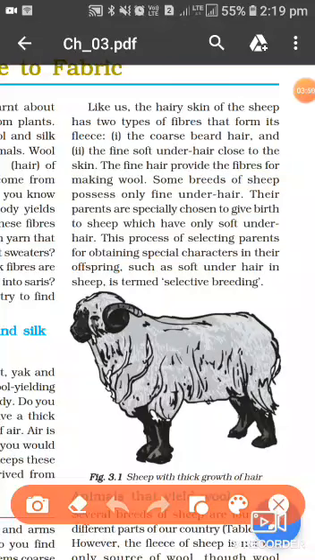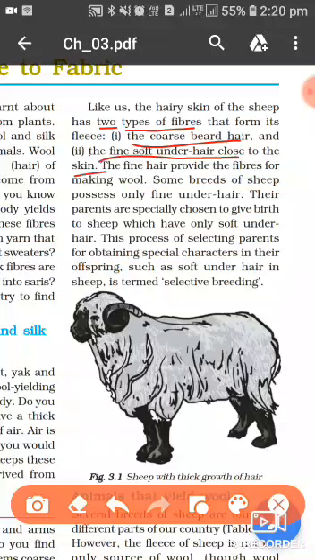Like us, the hairy skin of the sheep has two types of fibers that form its fleece. So on the body of the sheep there are two types of fibers that form its hair. The first is the coarse beard hair, and the second is the fine soft underhair close to the skin.